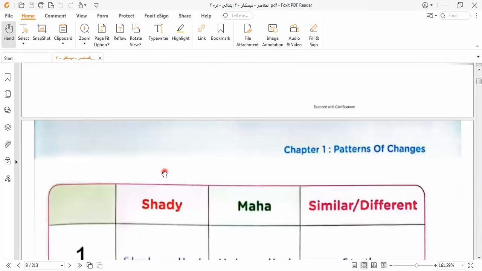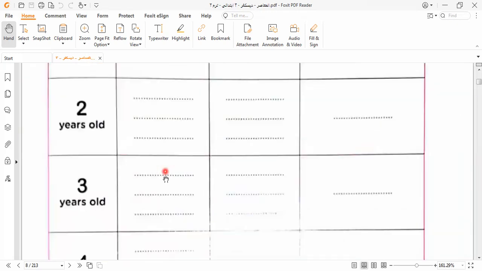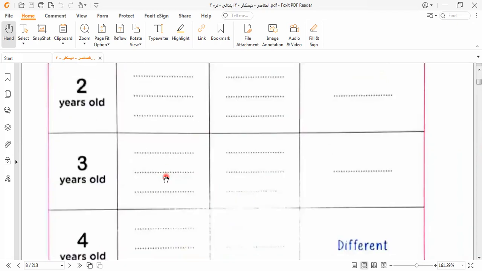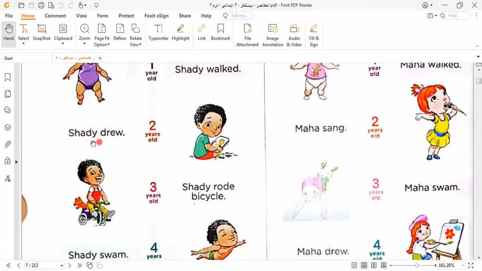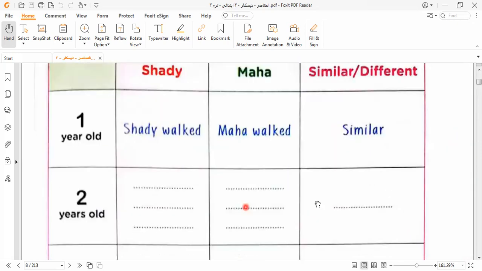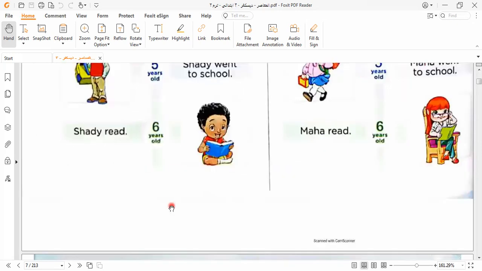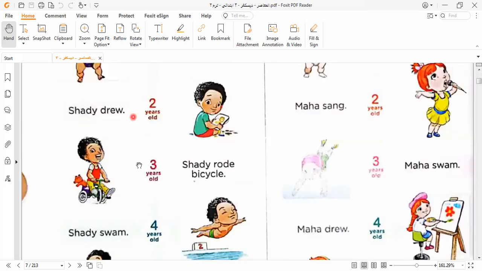The difference: we have a difference in 2 years. Shady drew at 2 years. Maha sang at 2 years. So I will write here: Shady drew and Maha sang.